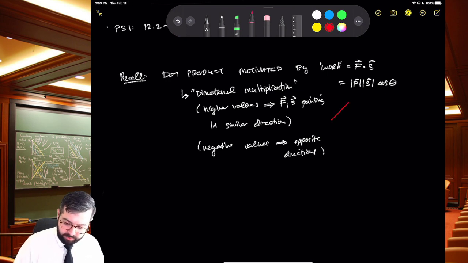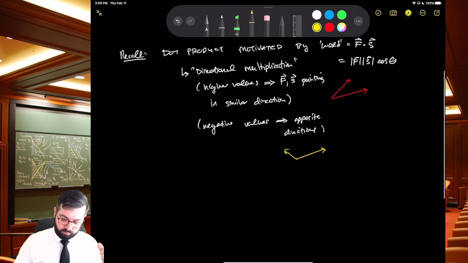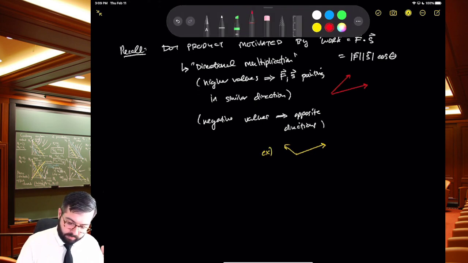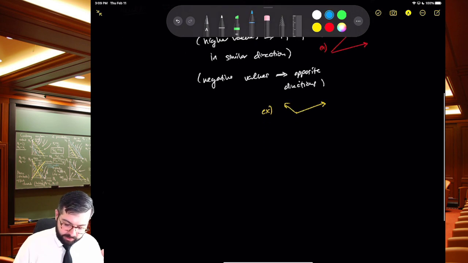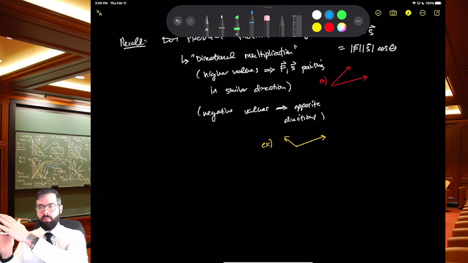All right, so we might have something like this would have a high dot product. Something like this would have a very small dot product. And we learned one other really nice property about this directional multiplication. If they're pointing in the same direction, it's a high value.